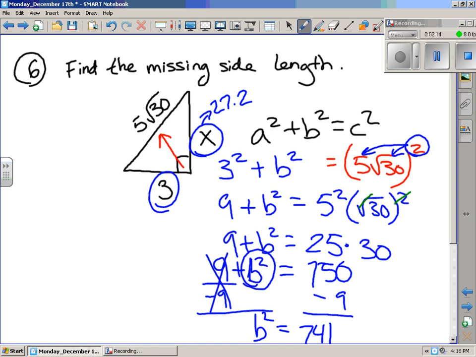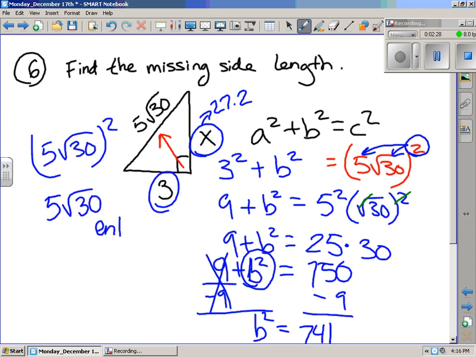On a calculator, when you're trying to find 5 times the square root of 30 and then squaring it, on the calculator, you can either just plug in 5 square root of 30 and press enter. And what's going to come up on your screen is the value 27.3861278.